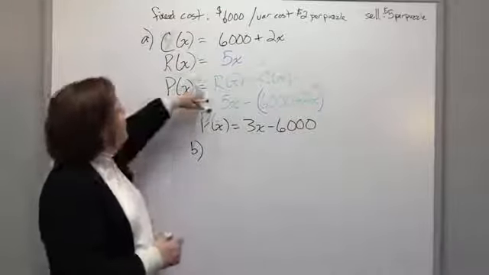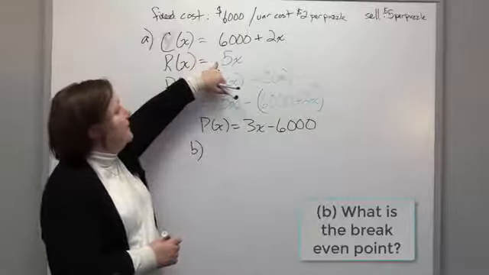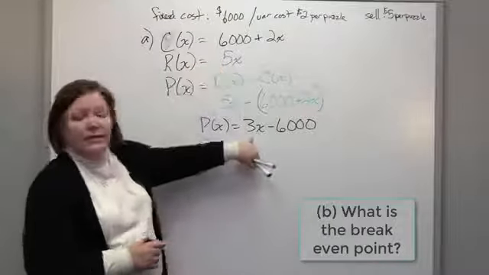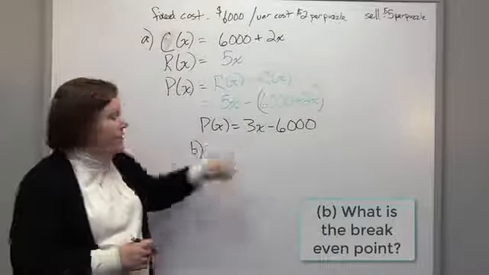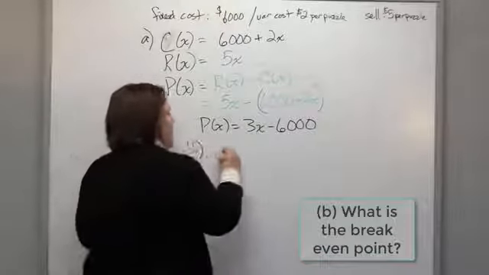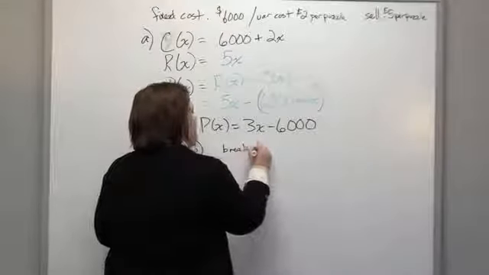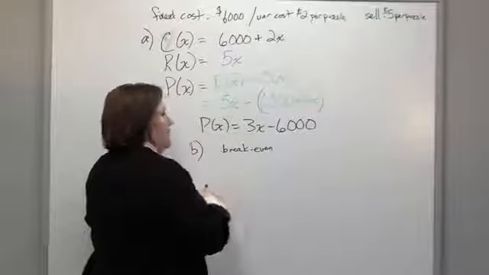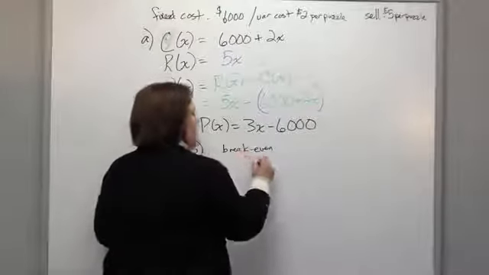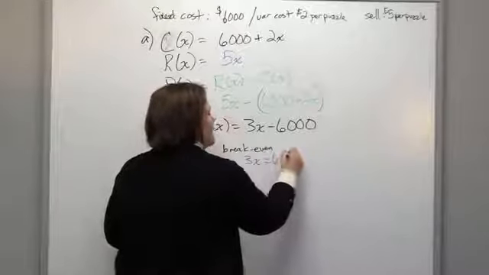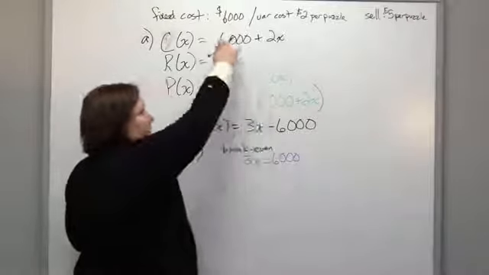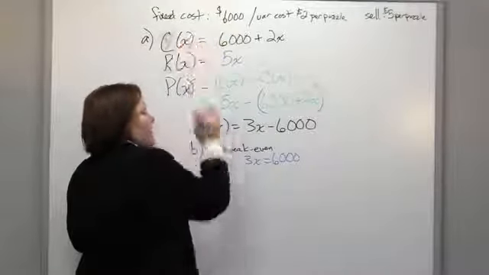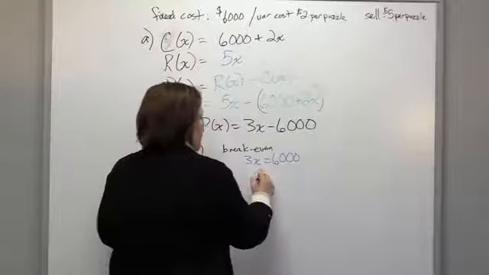We could figure it out by setting these equal to each other or this equal to 0, and for the break-even point we would be looking for when 3x equals 6,000. You either get there by setting cost equal to revenue or this equal to 0.